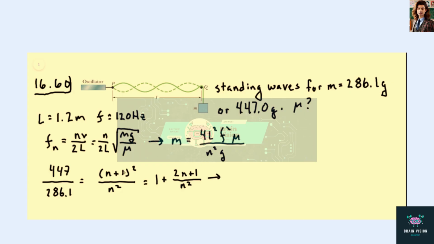Or, if we evaluate this and subtract 1 from it, 0.5624 has to equal an odd integer divided by a squared integer.